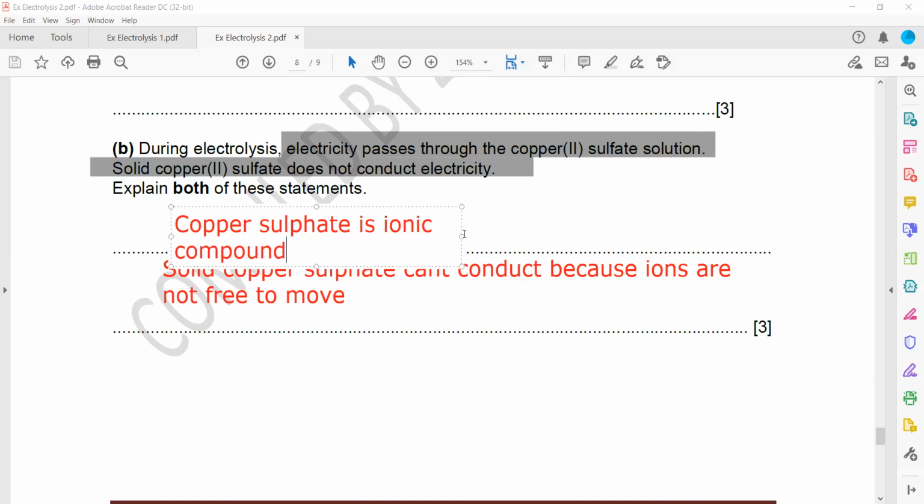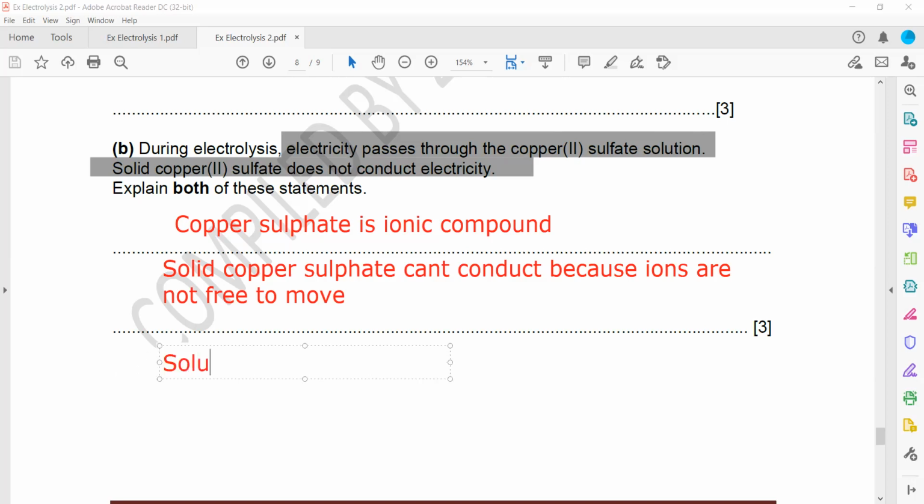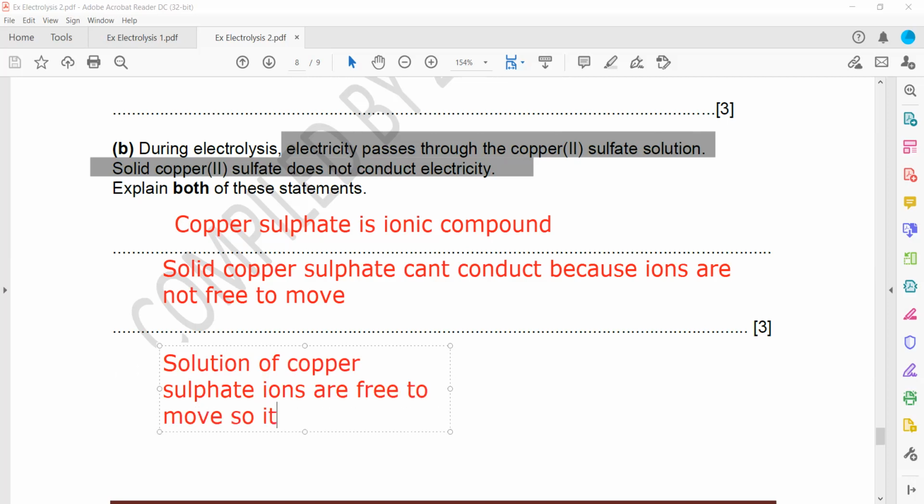For ionic compounds in a solid state, ions are regularly arranged, so they're not able to move. But in a solution of copper sulfate, ions are free to move, so it can conduct electricity. That's how you'll score the 3 marks.